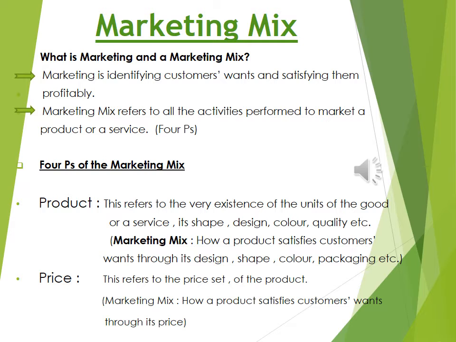All those activities that can satisfy the customer's needs and wants profitably, or in simple words, that can market a product, are categorized into 4 subcategories of a product. That is product, price, place and promotion. 4 P's of the marketing mix.